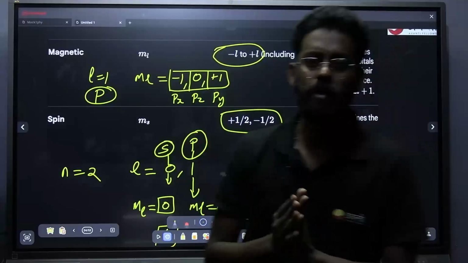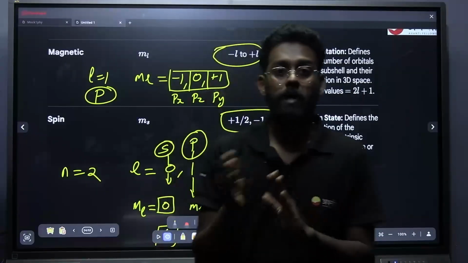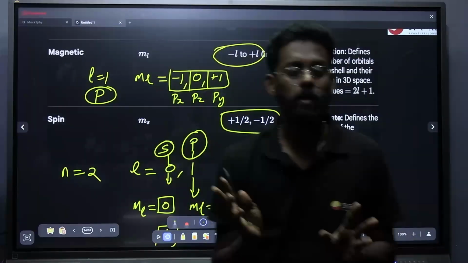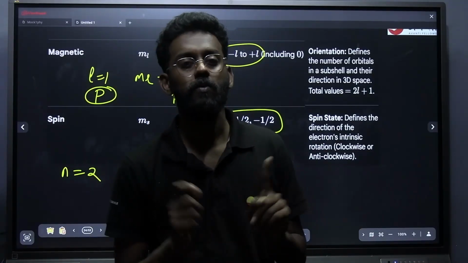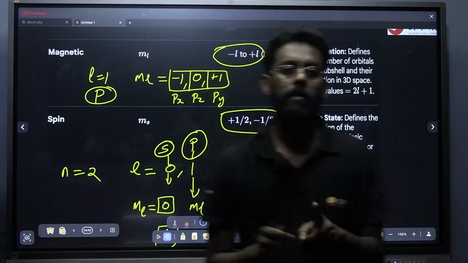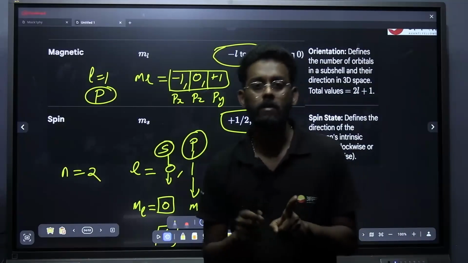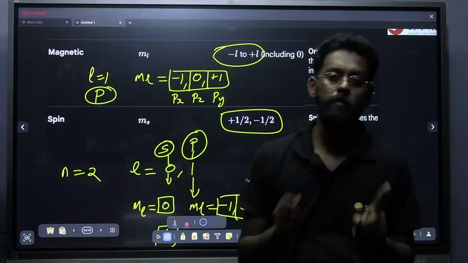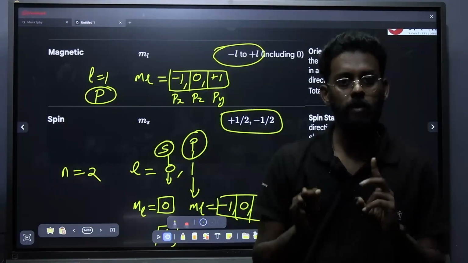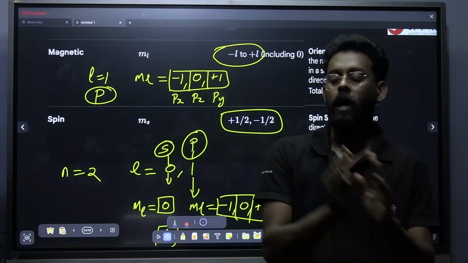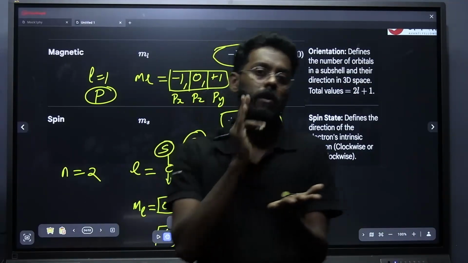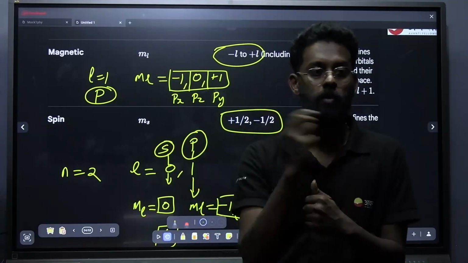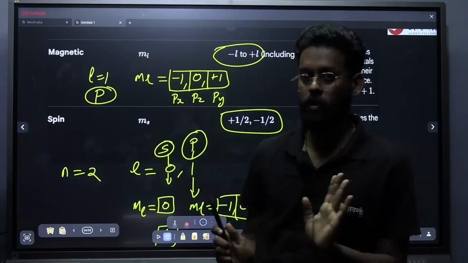What plus half and minus half actually mean is that these two electrons in an orbital are in two different quantum mechanical states. Plus half is one quantum mechanical state and minus half is another. It's not that one is actually rotating clockwise and the other anti-clockwise.